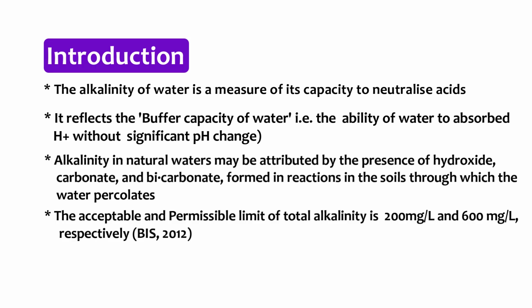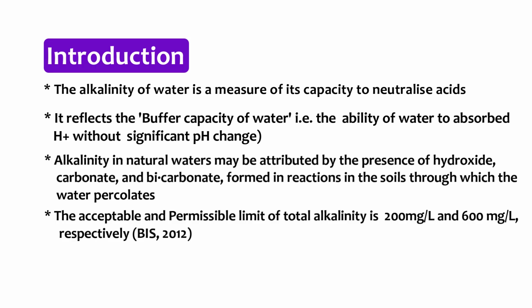An alkalinity level in any natural water is mainly attributed or caused by the presence of the hydroxide ions or carbonate ions or bicarbonate ion present in the water, which are formed when the water percolates through the soil.